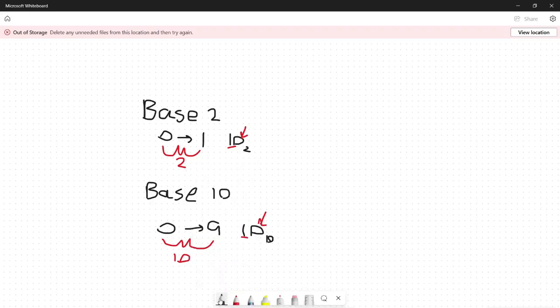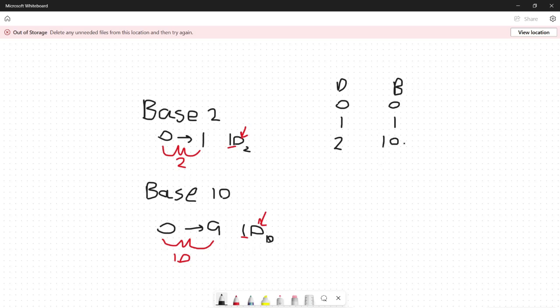Now, let's look at some binary numbers. This is in decimal, this is in binary. 0 becomes 0. 1 becomes 1, and 2 becomes 10.